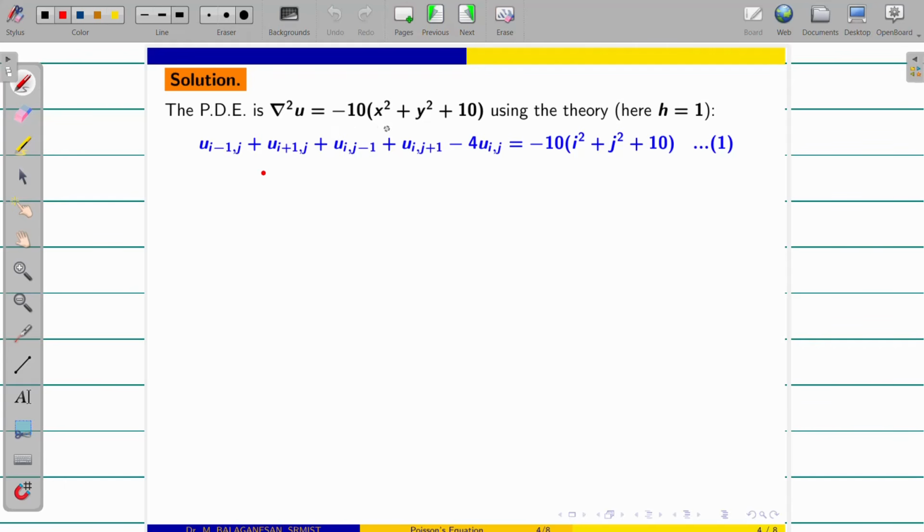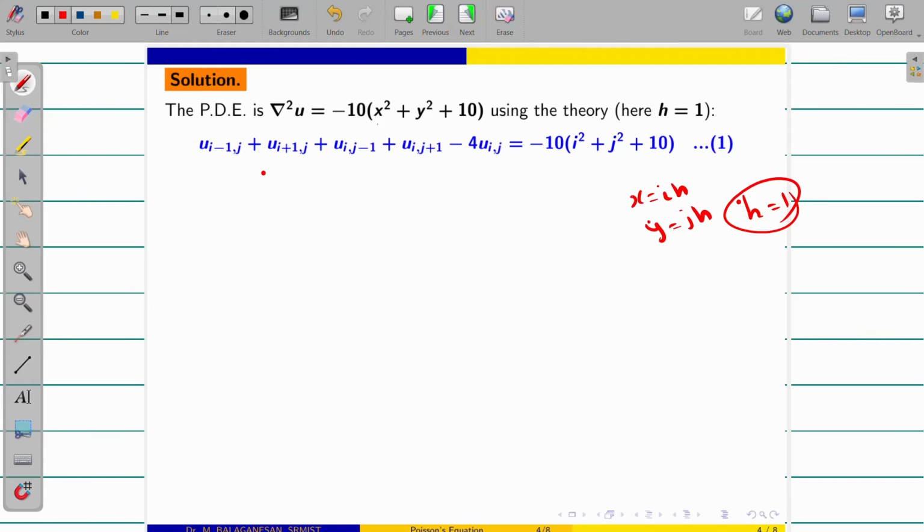In the place of x, we are going to replace ih. In place of y, we are going to replace jh. And what about h here? h equals 1, the length of the position on the x-axis as well as the y-axis: 0, 1, 2, 3, 4.